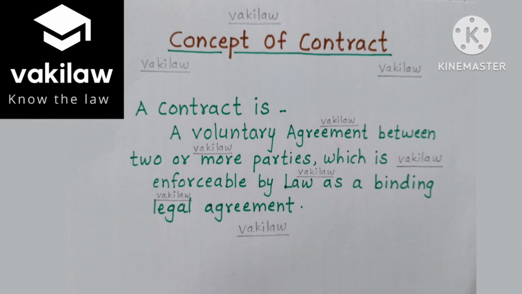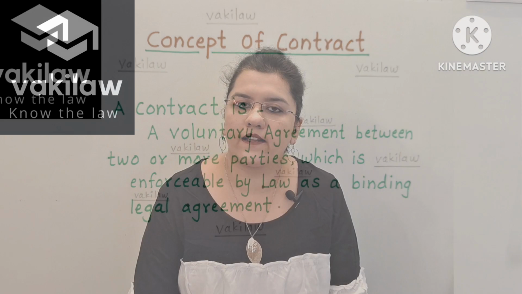Very basically, a contract is a voluntary agreement between two or more parties which is enforceable by law as a binding legal agreement. Now understand that this definition of contract has the following key points. As I said, what is a contract? Basically a contract is a voluntary agreement. Between whom?